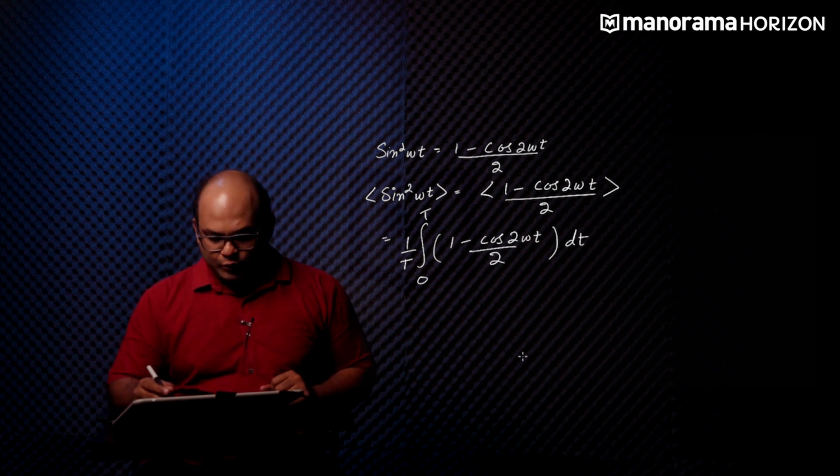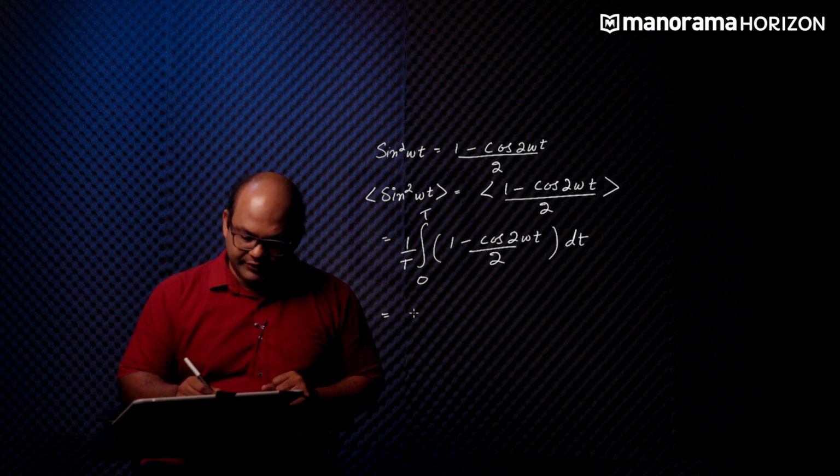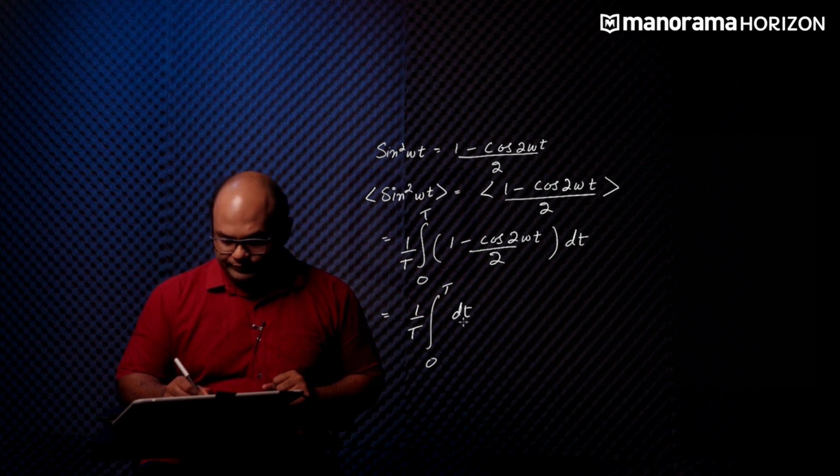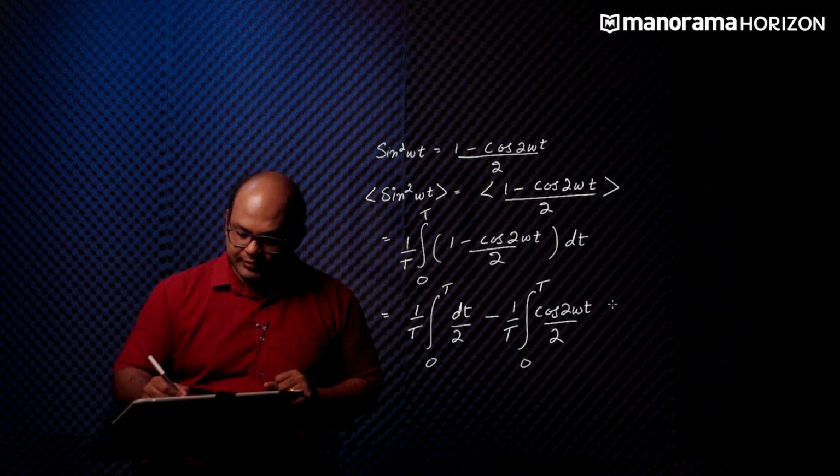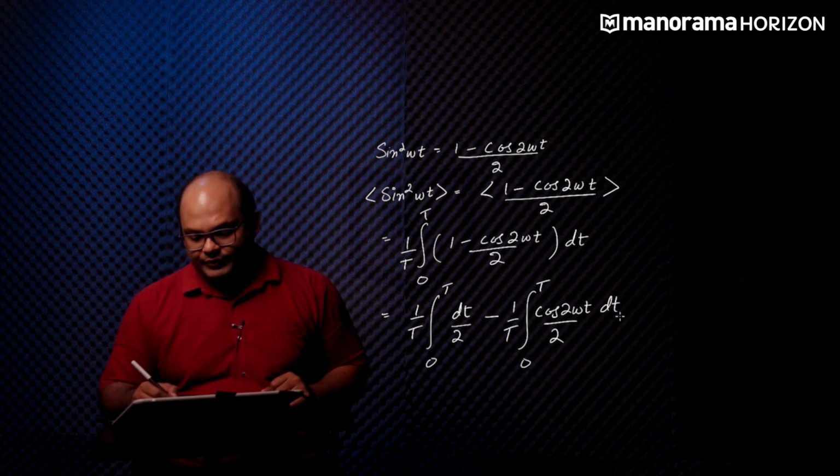So we can split this into two parts. We can write this as 1 upon T integral 0 to T dt by 2, minus 1 upon T integral 0 to T cos 2 omega t by 2 dt.